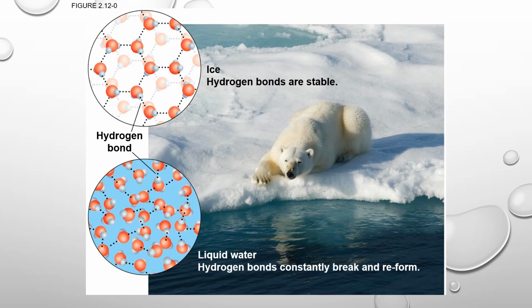So again, this is just a picture. In ice, the molecules of water are actually farther apart than they are in liquid water. And as this polar bear is demonstrating, that's why the ice is floating on top of the water rather than sinking down to the bottom.